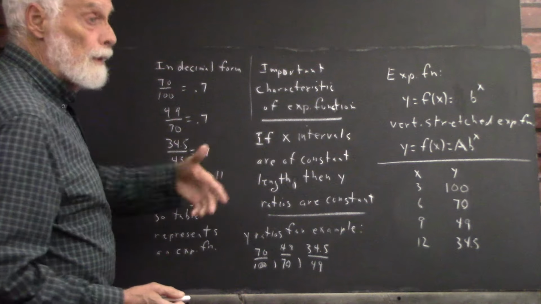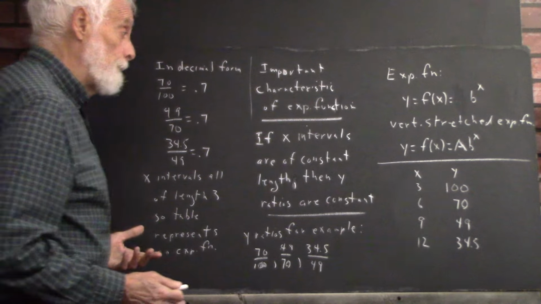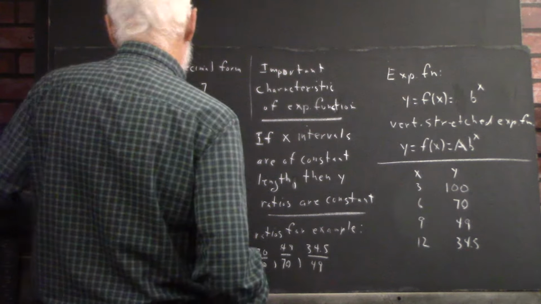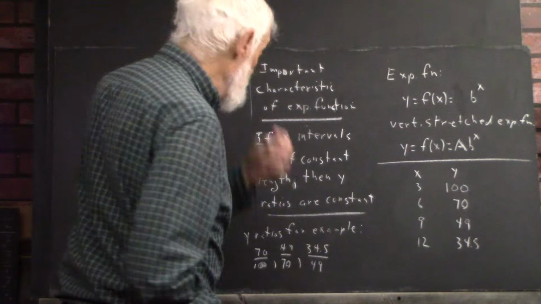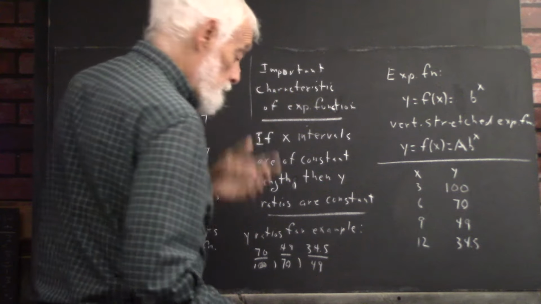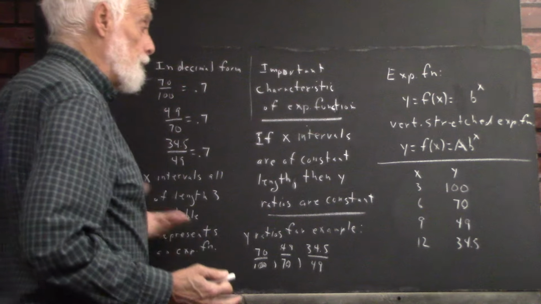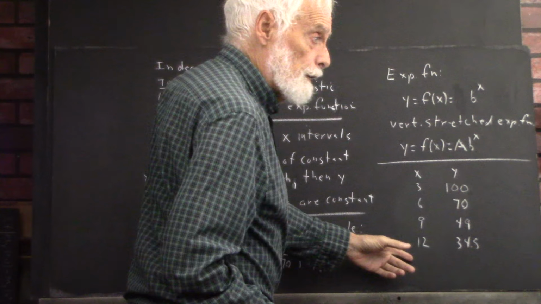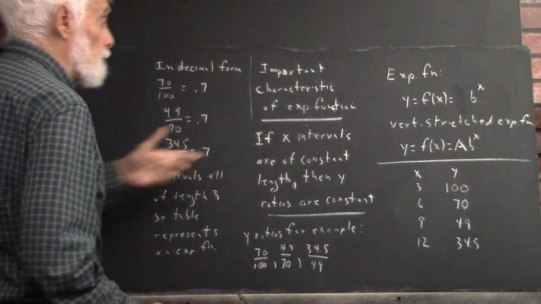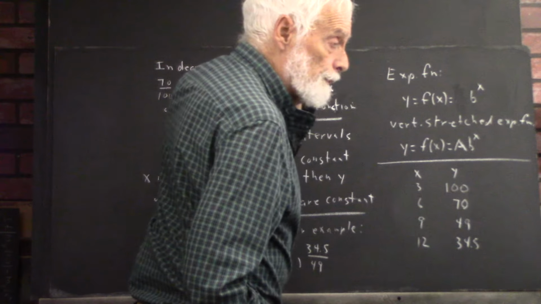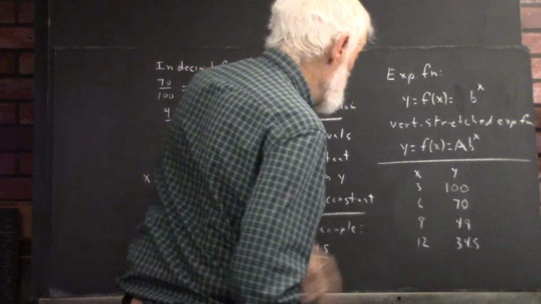Now we could determine which function. We saw last time that we can do two simultaneous equations and get the function. We could take any two of these points and plug them into the form y equals ab to the x and solve for a and b.